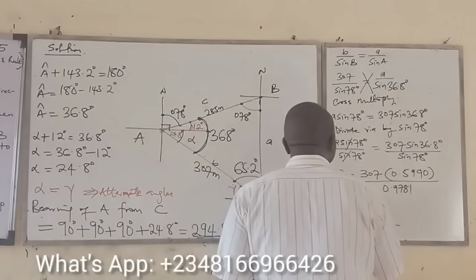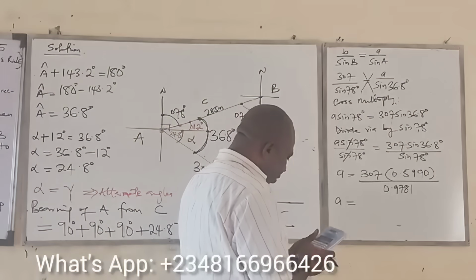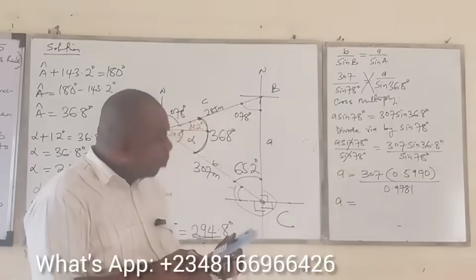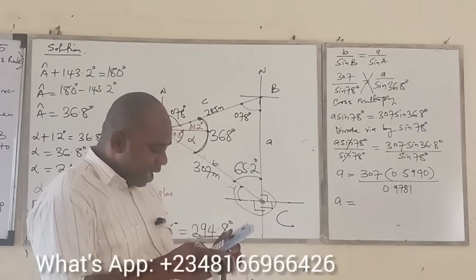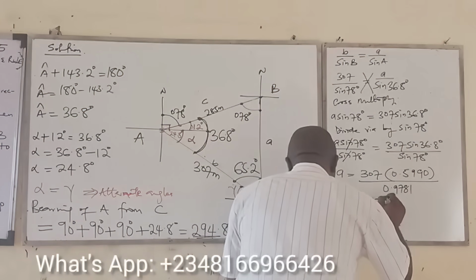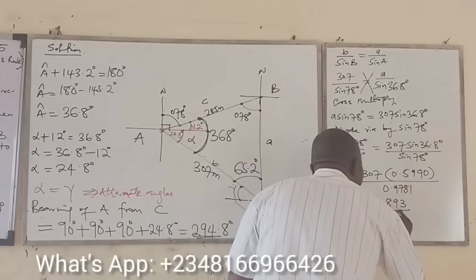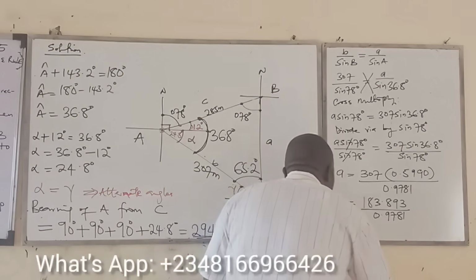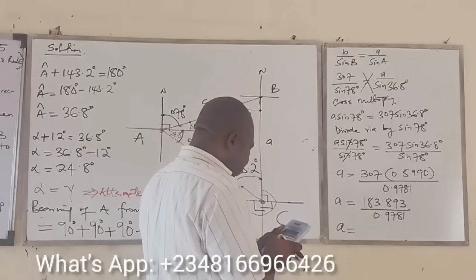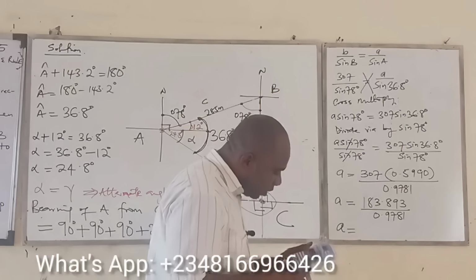Now let's multiply the numerator: 307, not O, please, times 0.5990 gives us 183.893. Now we divide by 0.9781, and that will give us 188.01.